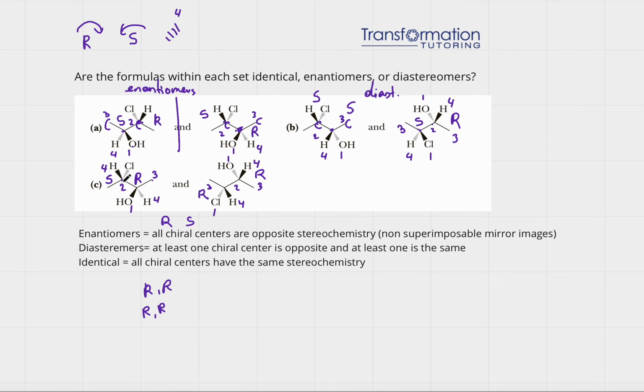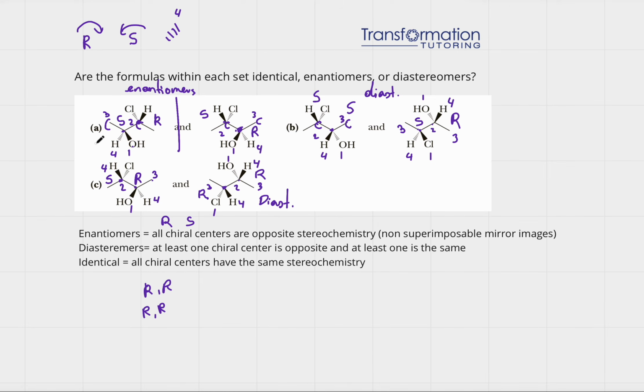Well, the chiral center that has a chlorine on, it has switched. The chiral center that has the OH on, it stayed the same. So if one chiral center switches and one stays the same, what do we have? We must have diastereomers, and I'm going to abbreviate it again.